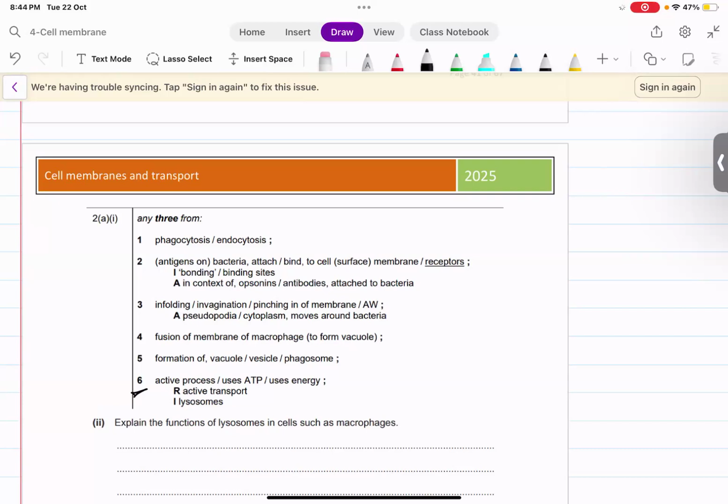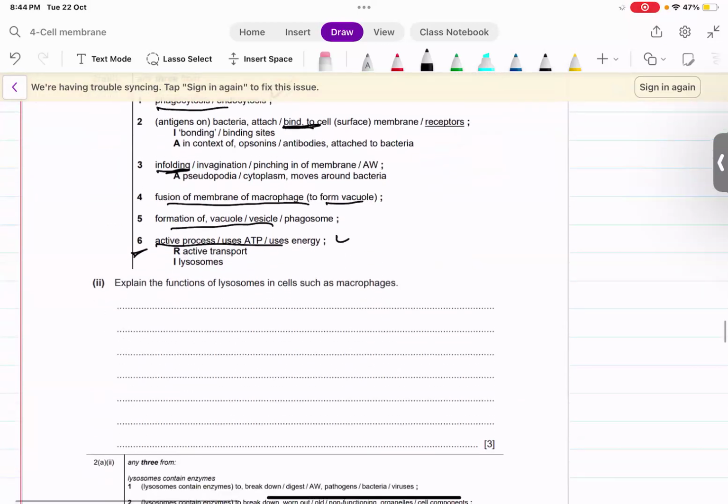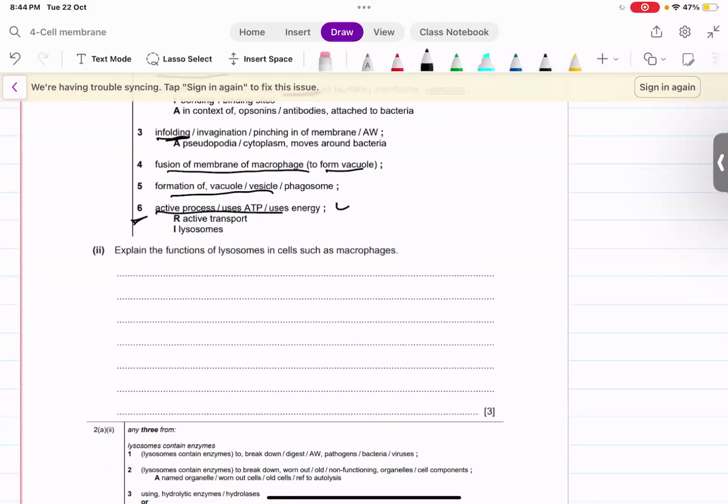The first point is that you mention this process is phagocytosis and endocytosis. Then the bacterium binds to the cell surface membrane. Then infolding of the membrane, separation as a vesicle, formation of a vacuole, and this is an active process which uses ATP. That's how you can write a more detailed answer.